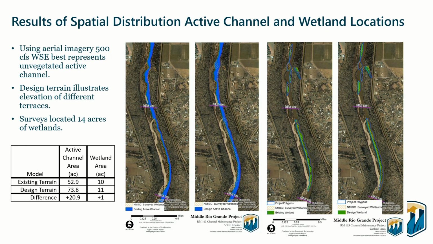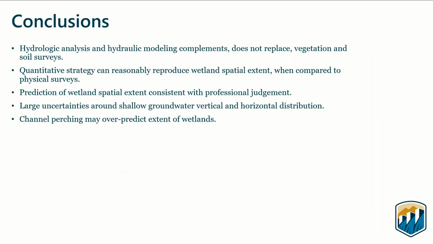Let's see, did I want to say anything else about this? So basically, the proposed terrain will increase the open channel, active channel area by about 21 acres, and it'll increase the wetland area by about 1 acre, based on the existing and designed terrains.